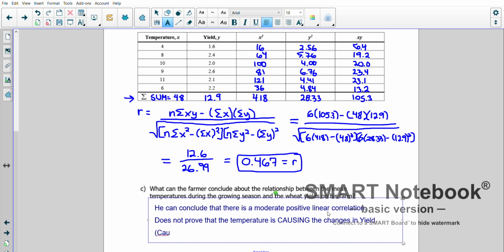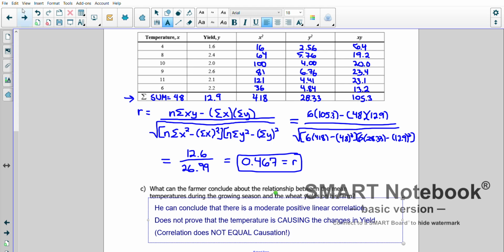So correlation does not equal causation. Correlation does not equal causation. And there you have it.